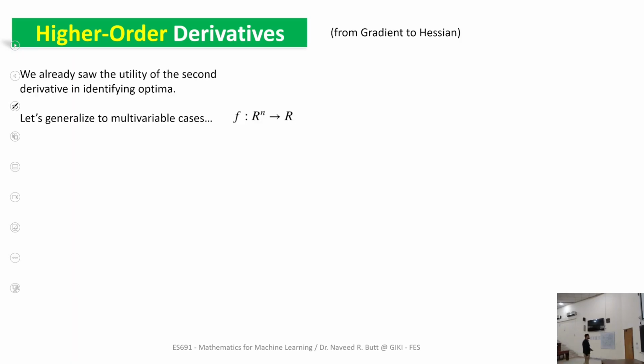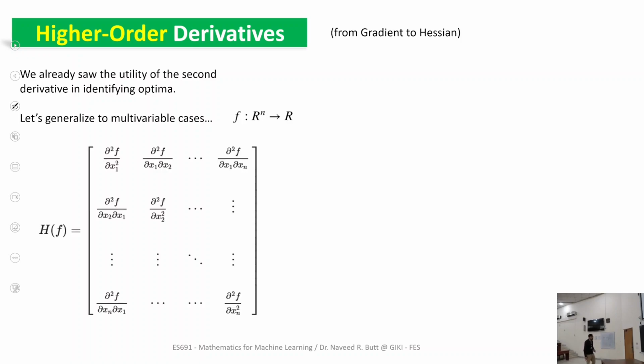For the multivariable case, Rn to R, we already saw that higher order derivatives were useful, so similarly it can be useful here, and there it is. Basically this is your Hessian, which is the collection of second derivatives, just as the Jacobian holds the first derivatives. If it's Rn to Rm, then you will have to deal with tensors.